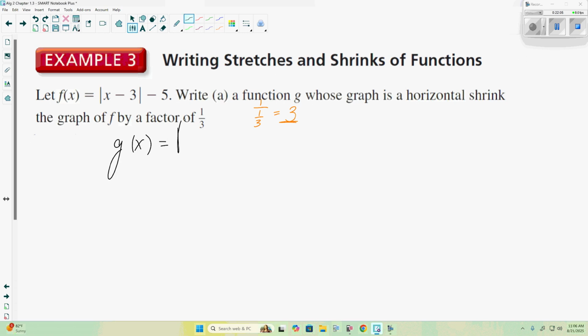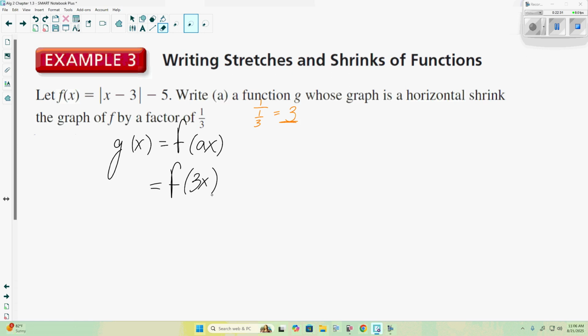Now, horizontal stretch or shrink is f of ax. F of ax is just the general form. We flip that 1/3 to get the value that we plug in for A here. And that value we're going to plug in is, I about did it, not 1/3, it is 3.